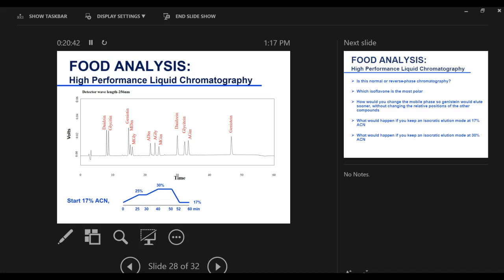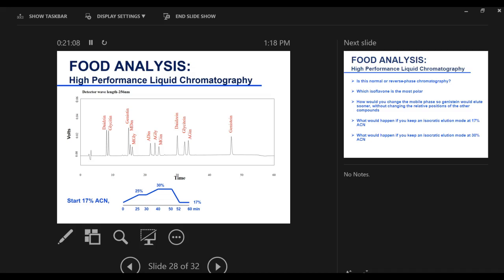And another thing you'll notice, like in the video that I showed you on Monday, the peaks are going to be broadened with time. So there's going to be more diffusion within the column rather than going in and out and equilibrium between the stationary phase and the mobile phase. They're not liking the mobile phase as much, so they're going to diffuse down the column and then the peaks will broaden.